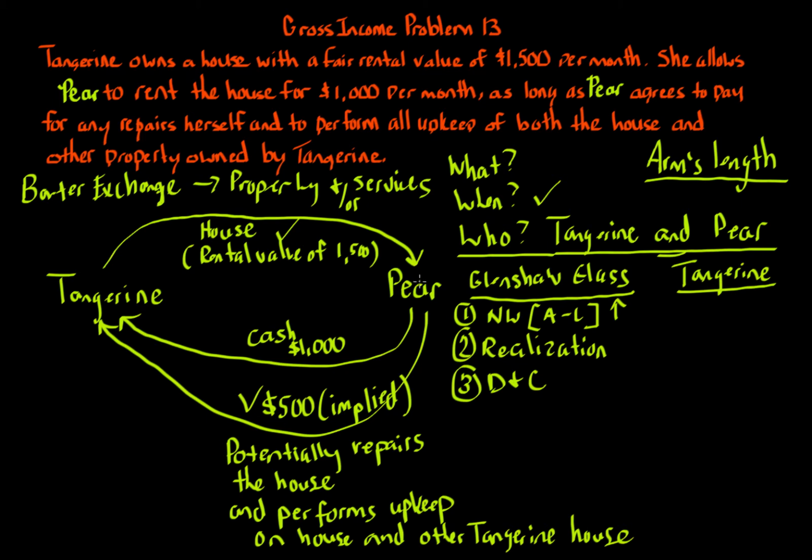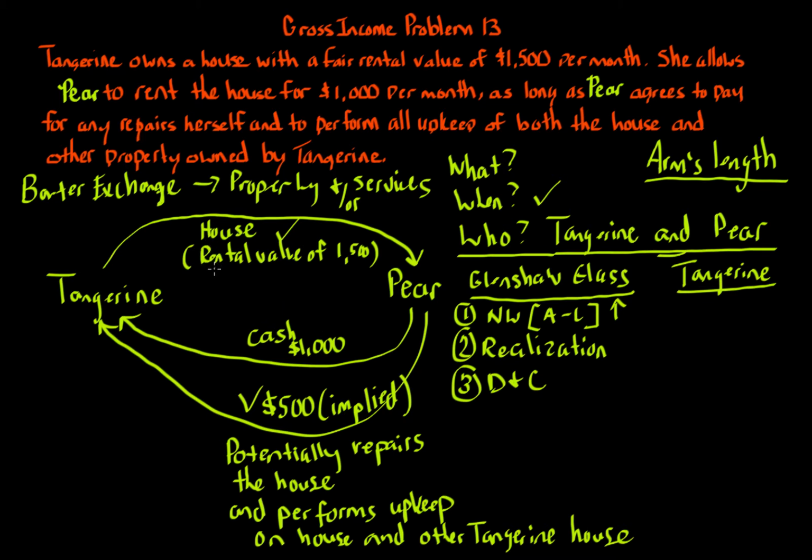And on the other side, if Pear did not have $500 in services that Pear could pay, then Pear would have to pay $500 cash to make up the other $500 missing. And then Tangerine would have to record that $500 as a result of the rental. So that's what the barter exchange is.